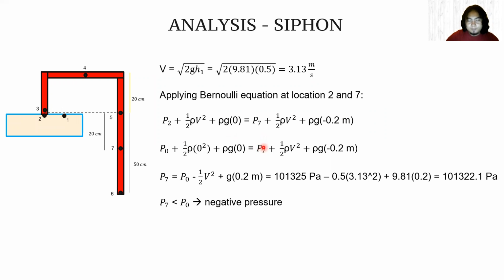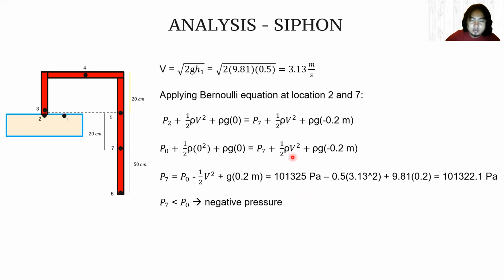Then P7 plus half rho V squared. As I said before, the V throughout this pipe is the same, so we can substitute this V, plus rho g H. The H is about minus 0.2 meters because this is located below the reference line, so it is minus.